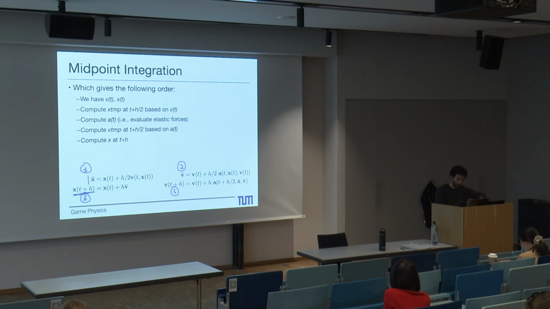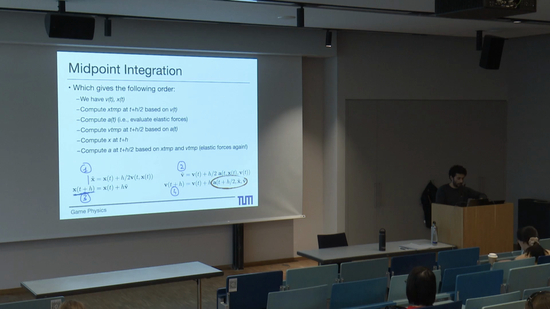Then based on this information we can compute the position on the second step, and as well, using the temporary position and temporary velocity, which here represent x tilde and v tilde, we can compute the velocity at the step farther down.